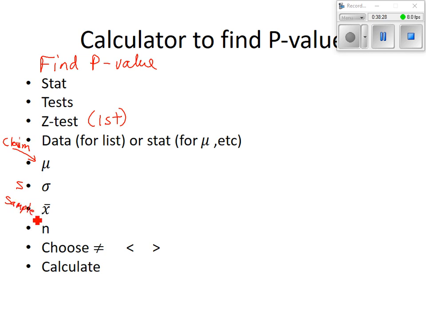And then the N is how many items there are. And if you get on your calculator and look, it'll have these three things. And they're boxed in. You have to highlight one of them and click on it. And to do that, you're going to look at your HA, your alternative hypothesis, to see which one you want to highlight. So you have to write the HA and the HO before you can use your calculator to do any of this.